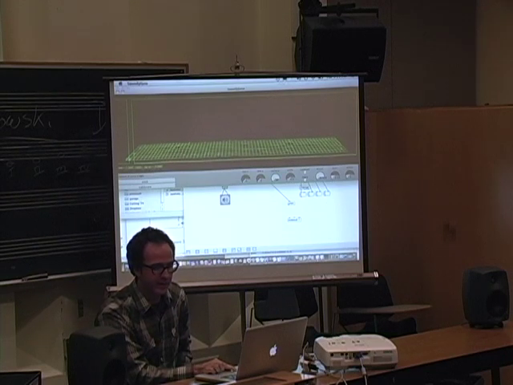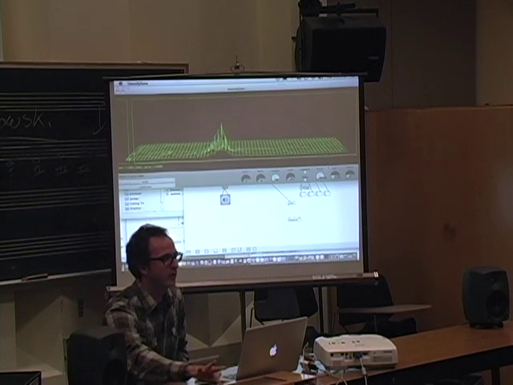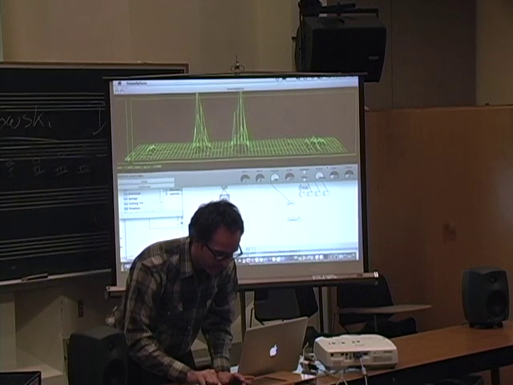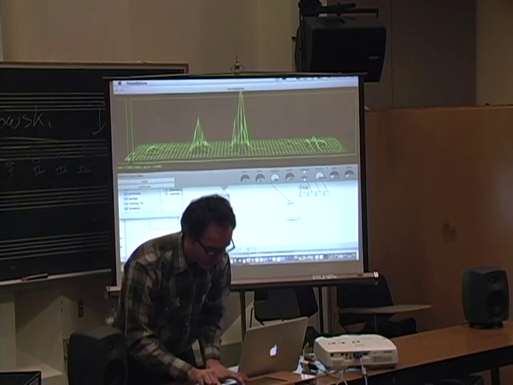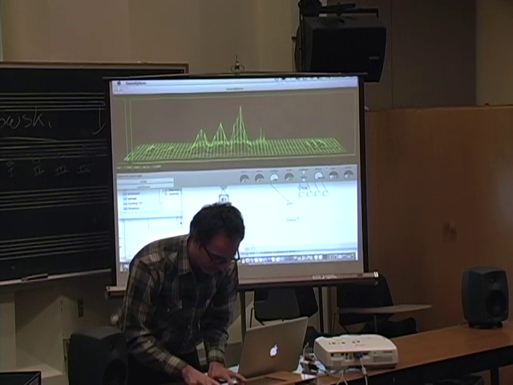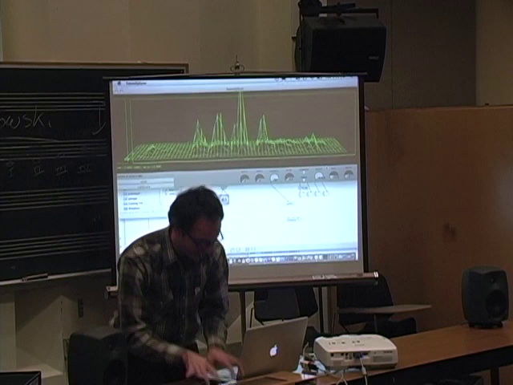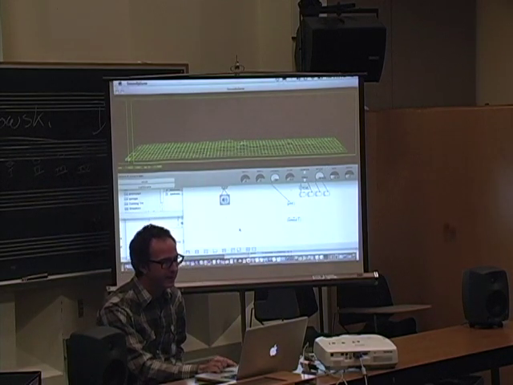And then the Y in this case is mapped to a filter cutoff for each voice. So you can actually play the thing. It's pretty cool.